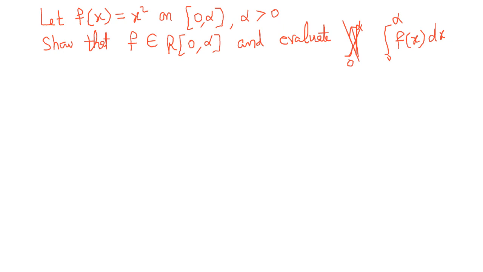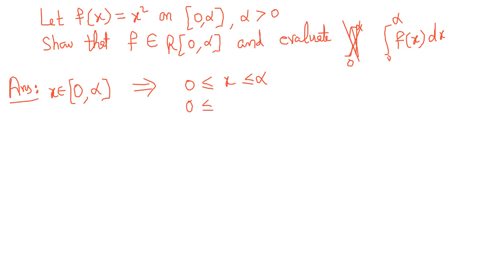So let's do this question. First of all, what will be our first step? Yes, sir, to prove it is bounded. Yes, we have to prove it is bounded. Since x belongs to 0 comma alpha, we can say 0 less than equal to x less than equal to alpha.